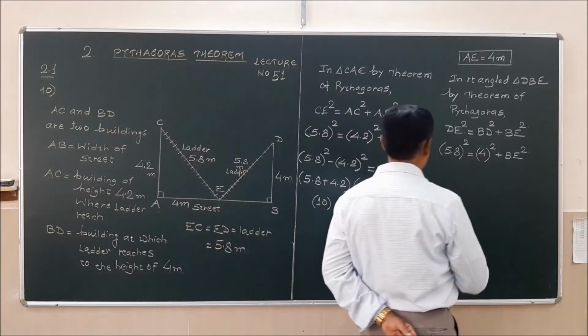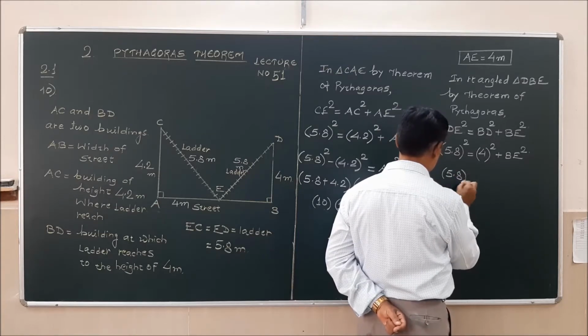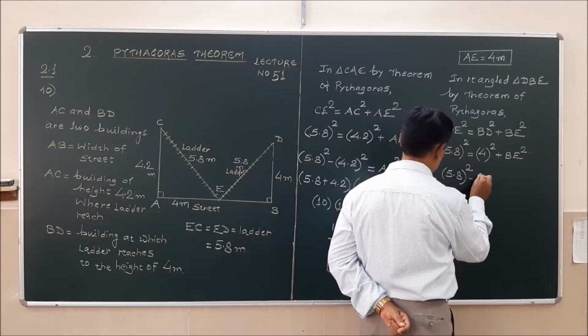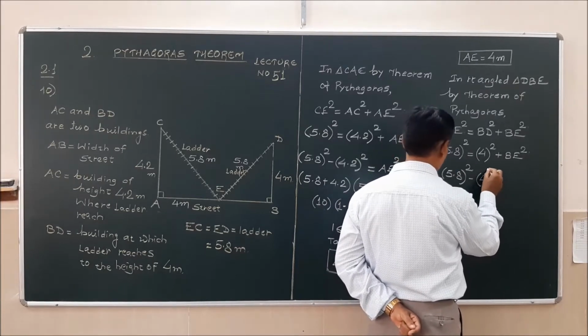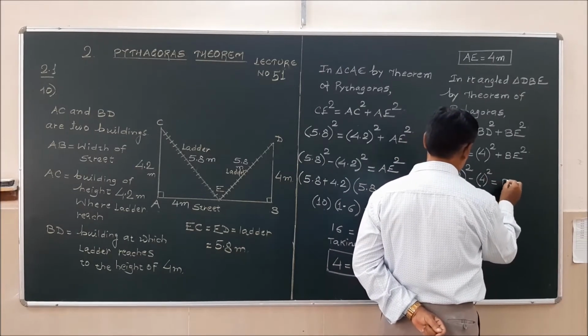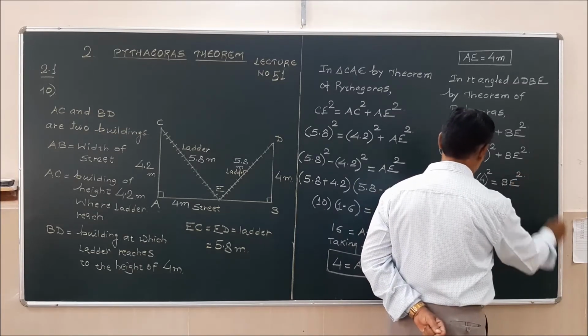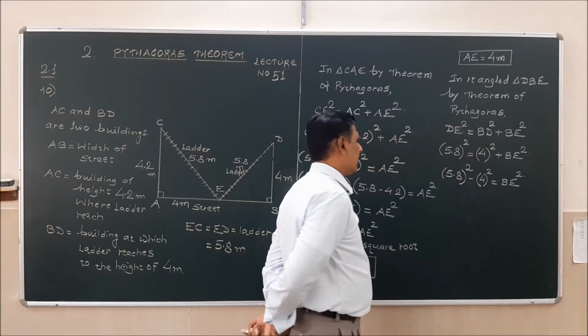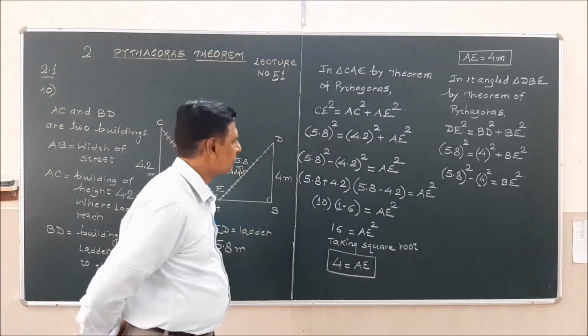So same way, 5.8 square, if I transfer this to the left hand side, 5.8 the whole square minus 4 square.